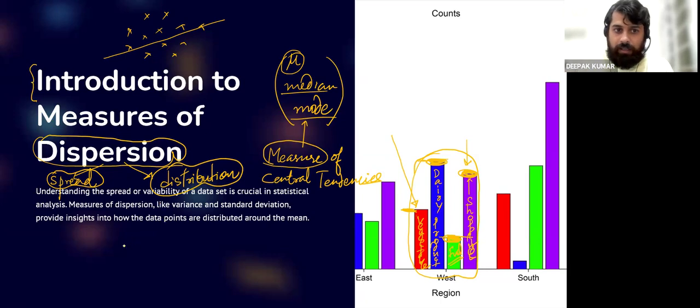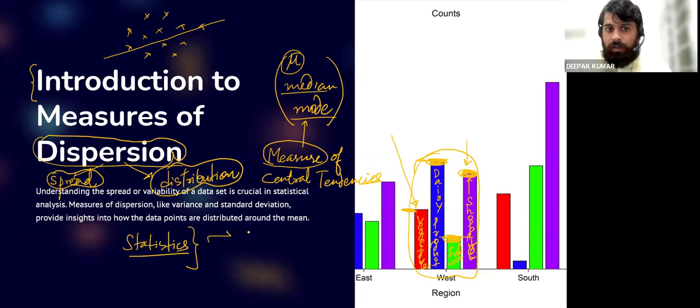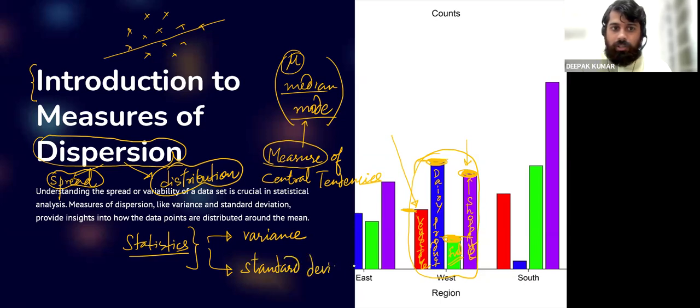and distribution, whereby in terms of statistics we say that in order to measure the spread or distribution, we are bound to learn the variance and a term called standard deviation, because these are the terms which provide insights on how data is distributed about the mean.